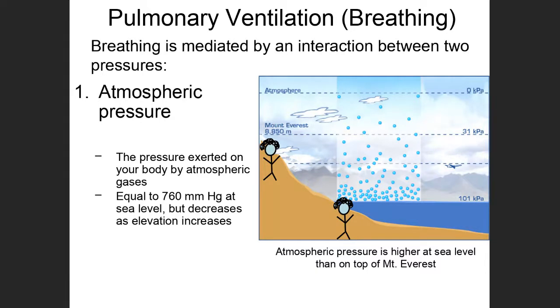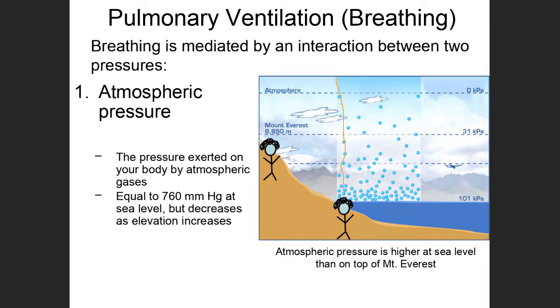To do that, I've got a diagram here with a couple of stick figures that I've drawn in. This first one that's lower is representing someone that's walking along the beach at sea level effectively. I want to focus for a minute on what's above somebody who's walking on the beach at sea level.